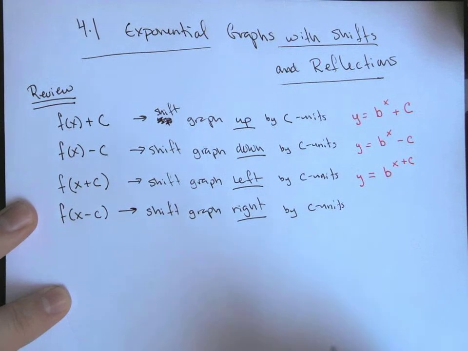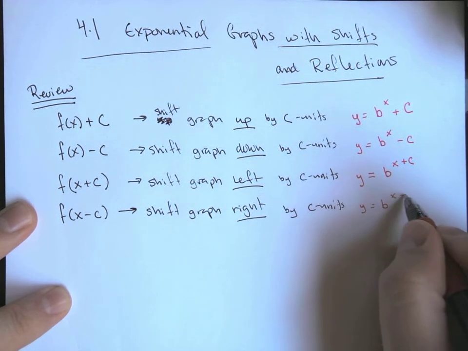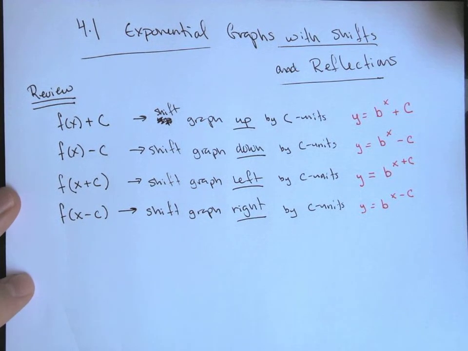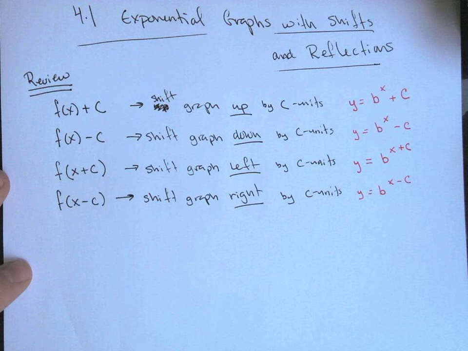And that's going to be an x minus c up in the exponent, b raised to the x minus c. So those are our shifts left, down, up, right. Not in that order, of course.